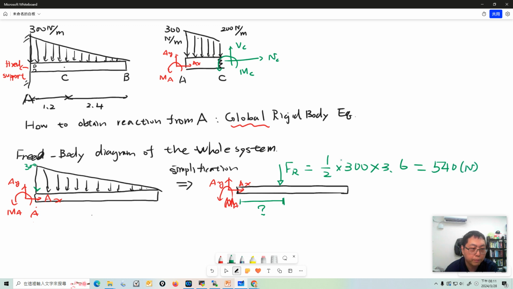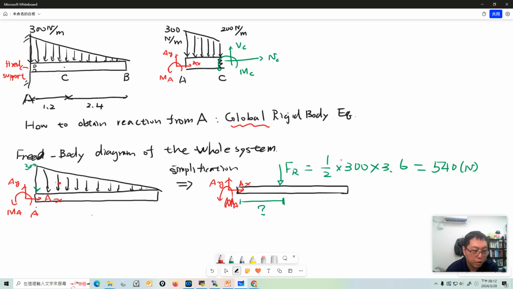It's pointing down. And where is the position of the resultant force? Don't forget, in distributed loading, the position of the resultant force is right at the centroid of this area. Where's the centroid of this right triangle? I think it's about here. What's the distance here?